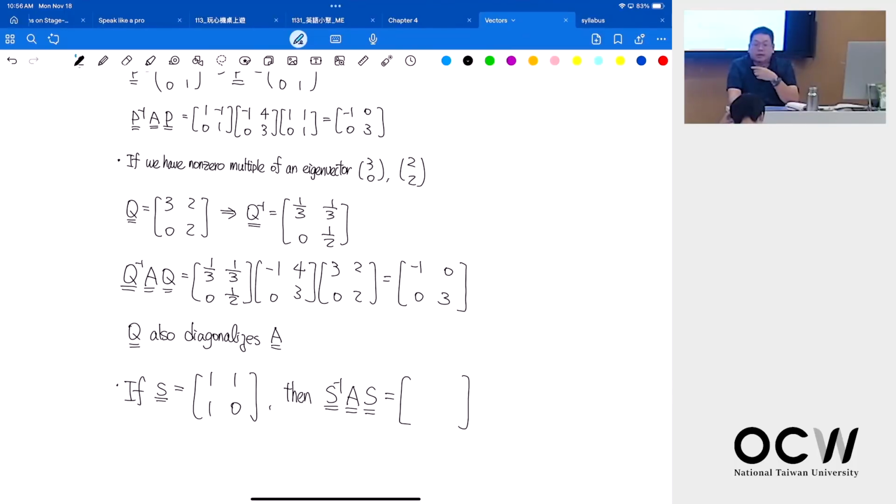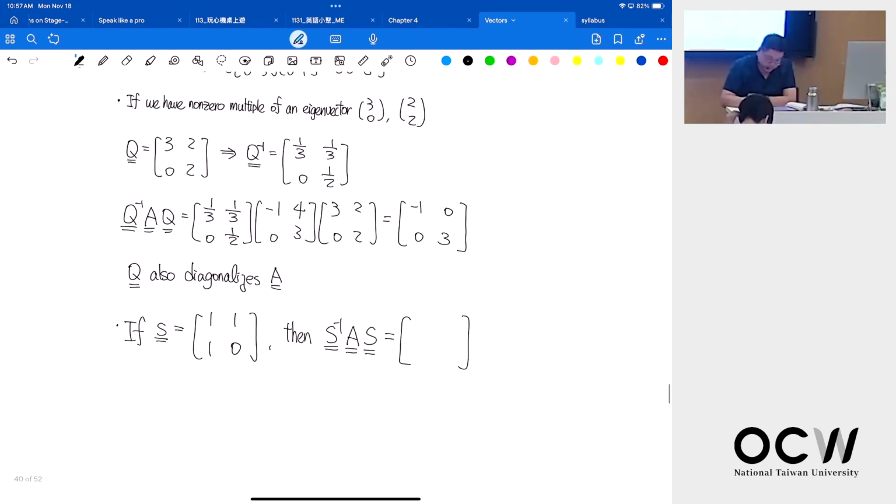Anyone? Yes. Say louder. 3, 0, 0, -1. Okay, so you don't need to calculate. Actually, you should immediately know that it should be 3, 0, 0, -1.